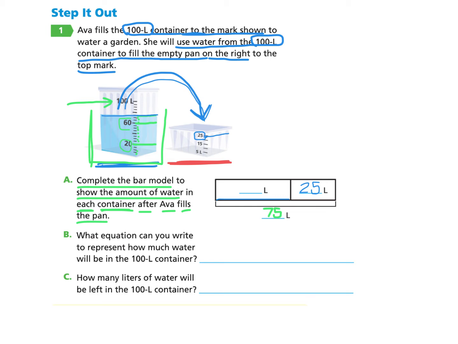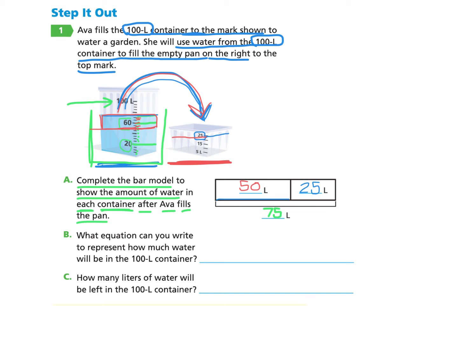So that would be 5, 10, 15, 20, 25. Here's where we would stop. And that would be at the 50 mark. So we can write in 50 liters because this water right here, we poured into this container and now there's 25 liters of water inside that container and there's only 50 left over.